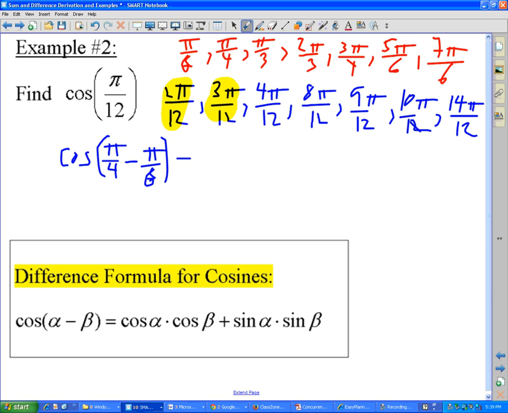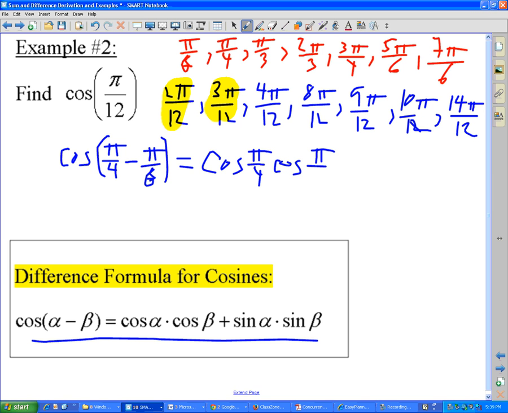All right, and now we can use the cosine difference formula. That's going to be cosine of the first angle, which is generally called alpha, times cosine of the second angle, which would be pi over 6, subtract sine of the first angle, alpha, times the sine of the second angle, beta.